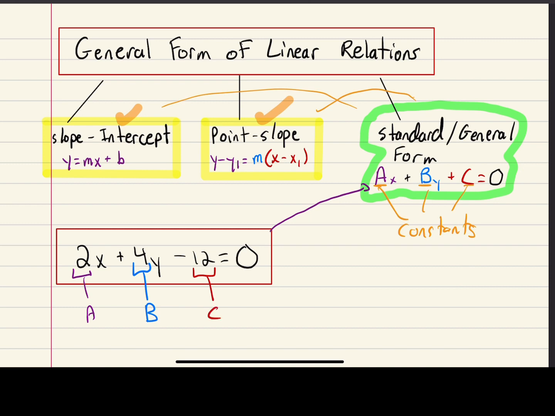So if I were to ask you, what are the values of a, b and c, well, we would say that your a value is 2, your b value is 4, and your c value is negative 12, because we can't drop that negative over here.